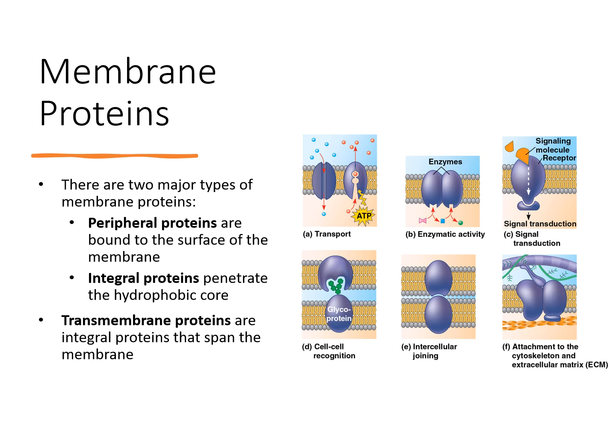So we have some examples here of transmembrane proteins and what they can do. They are involved in transport, enzymatic activity, signal transduction, cell-to-cell recognition, intercellular joining, and sometimes attaching the cytoskeleton to the extracellular matrix.